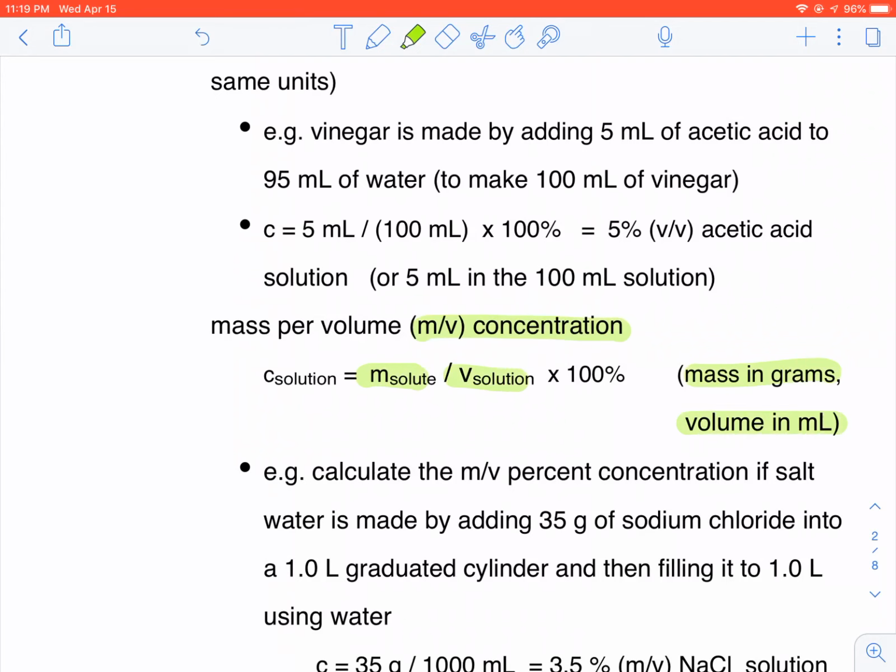So if I've got, let's say, 35 grams of sodium chloride, I'm going to get my scale out, weigh it like a kitchen scale, and dissolve it in 1 liter of liquid. I'm going to make it up to 1 liter by adding the 35 grams to water, and then keep adding water till I get to exactly 1 liter.